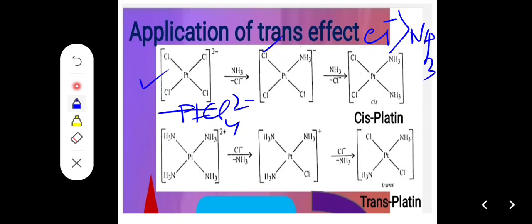If Cl is present in one diagonal of the square planar complex, the other incoming nucleophile must be replaced diagonal to Cl. So NH3 is replaced diagonal to Cl. Again, the other NH3 is present diagonal to Cl. So we get overall cisplatin.